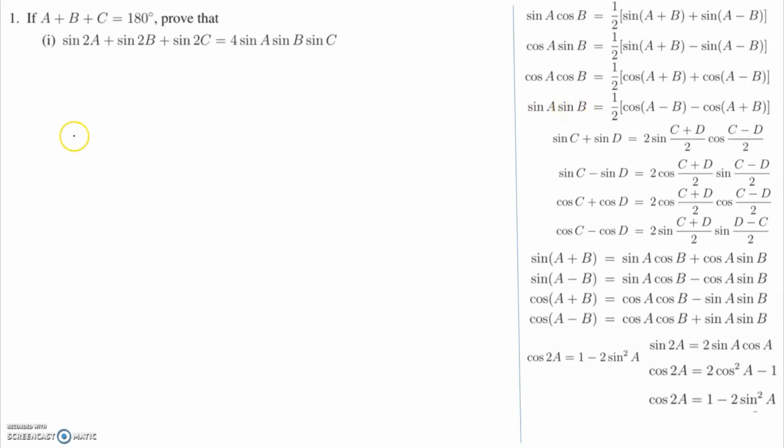Now, let's take the first two elements here and apply the sine c plus sine d formula onto this.